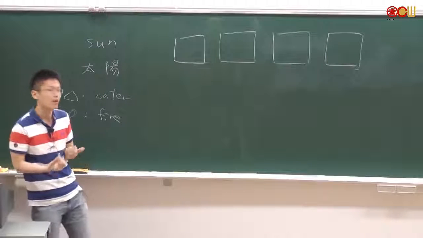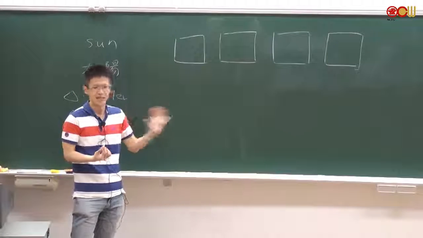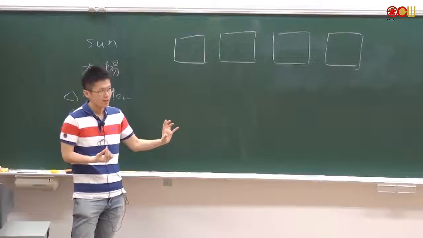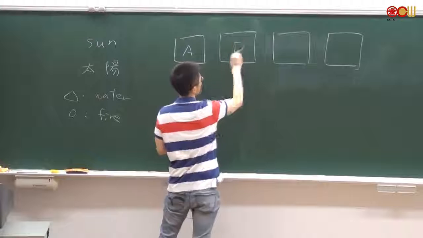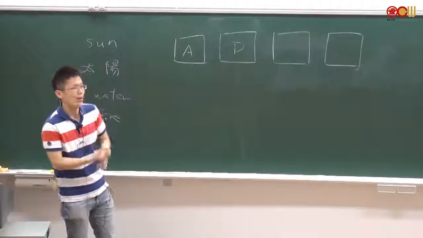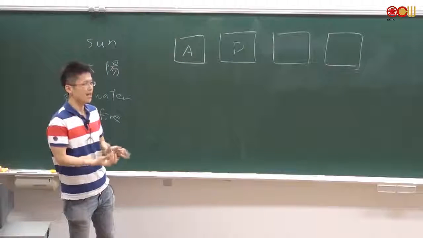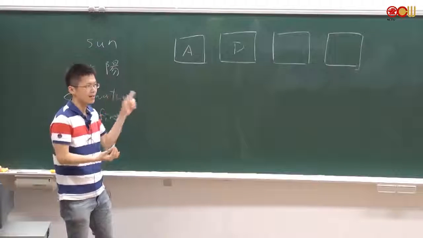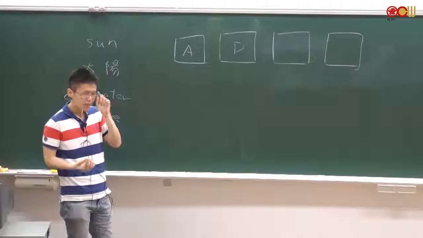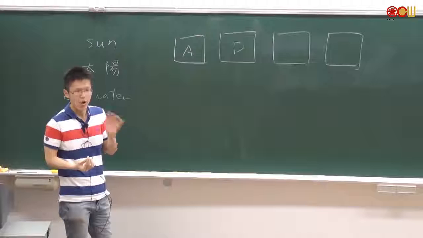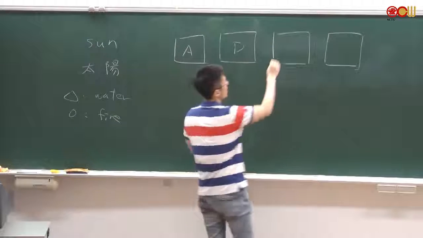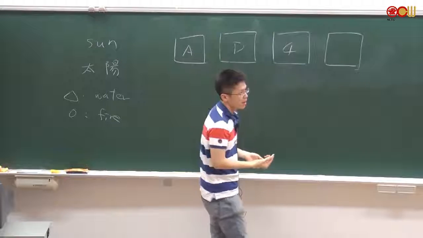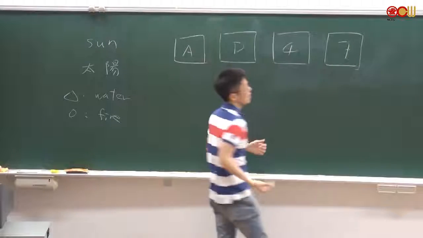Vowel, 母音: A, E, I, O, U are vowels. So A is a vowel and D is a consonant. Even number, 2, 4, 6, 8, 偶数; odd number, 奇数. So 4 is an even number, but 7 is an odd number.